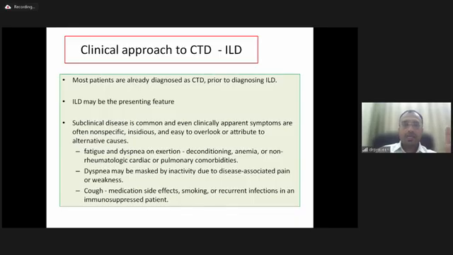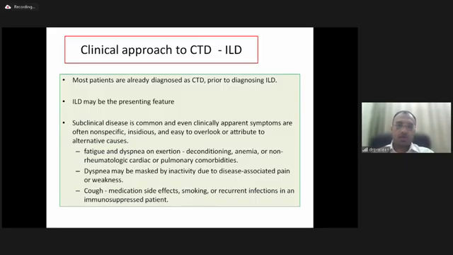As I mentioned earlier, the reasons are various. Many of these patients have a subclinical disease, as I mentioned in case 2, and they go on for a long time because of the subclinical disease. They overlook all these and attribute them to various causes, for example fatigue and dyspnea on exertion due to deconditioning.